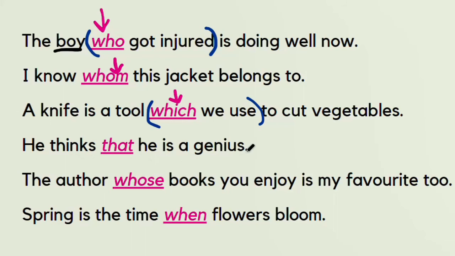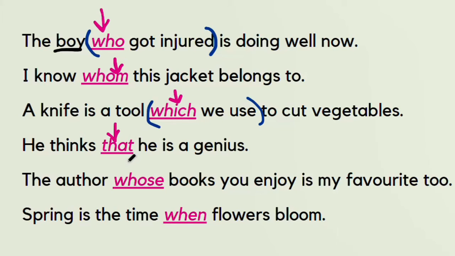He thinks that he is a genius. That is also a relative pronoun. We can use it for people and for things, but the information after that should be essential. This is a difference between that and which: if you want to use which, you can use it for any unnecessary thing or to talk about something that is not really important.